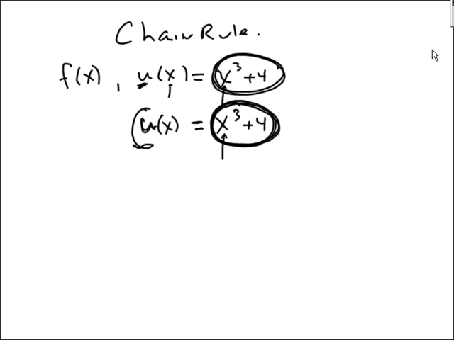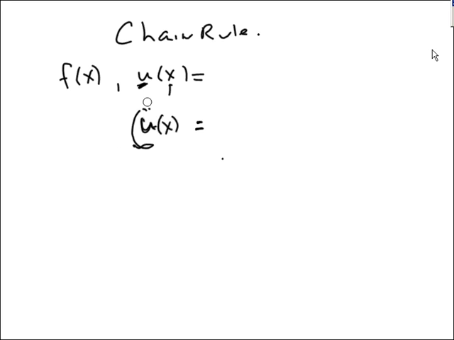Okay, let me erase a lot of this. But what I just said, that's very important. You need to understand why they say u is a function of x, why f is a function of x. Most people don't understand what u of x means. Well, it means exactly what f of x means.